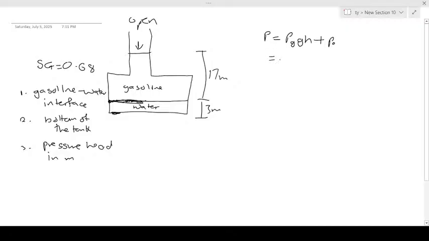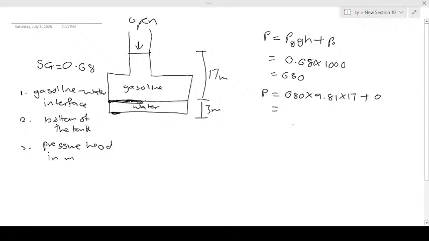We need the density of the gasoline, which is 0.68 times 1000, equal to 680. So the pressure is now 680 times 9.81 times 17 plus 0, since atmospheric pressure in terms of gauge pressure is 0.